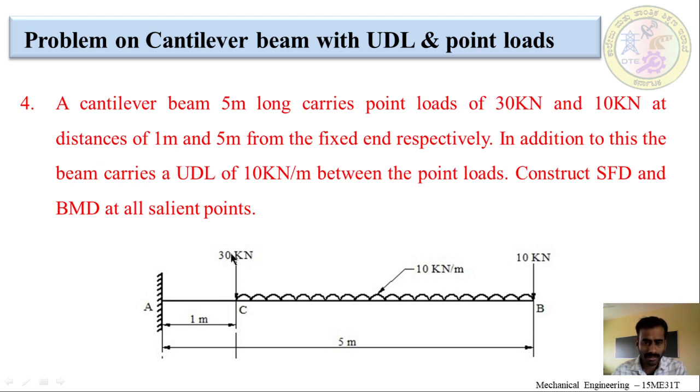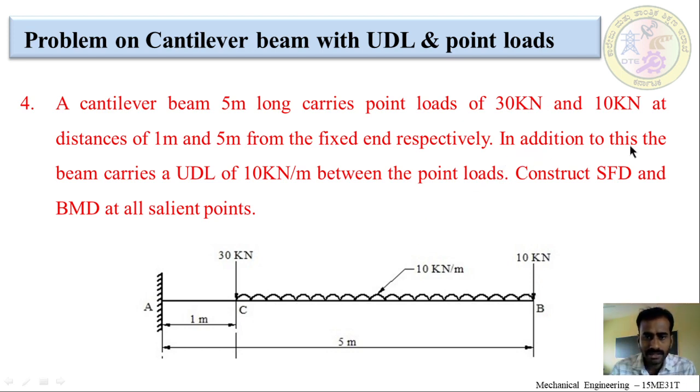And the second load, which is 10 kilonewton, is at a distance of 5 meter from the fixed end. So, from the fixed end you mark the point 5 meter on the beam. As the length of the beam is 5 meter, the point load will be at the free end, which is 10 kilonewton.